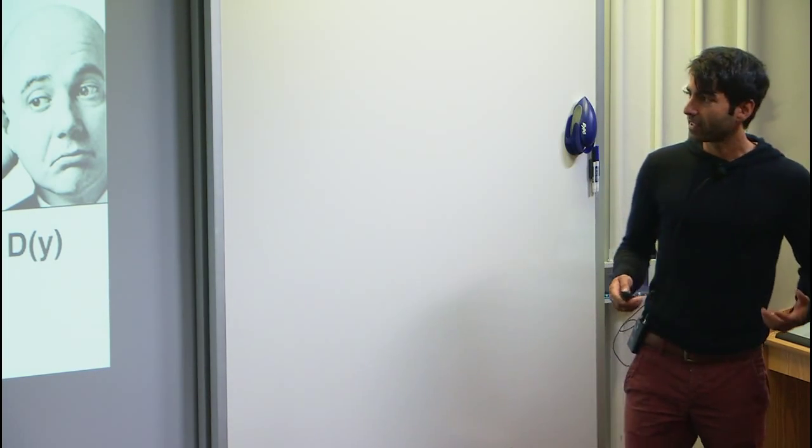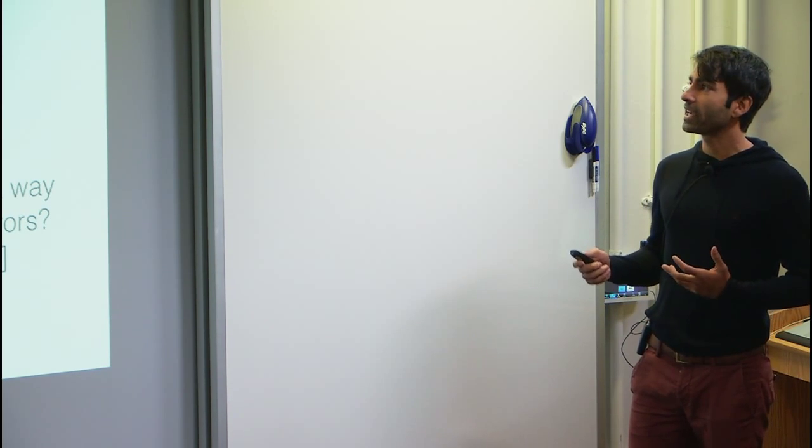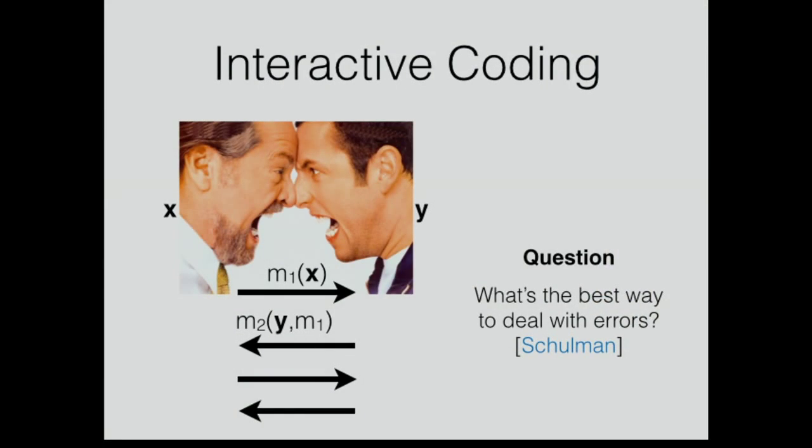The setup that this tutorial is about is when the communication is interactive, when it's not just one way. Okay. So now we have an interactive protocol that's being run between 2 parties. The first party knows an input x, the second party knows some input y, and they have a conversation based on these inputs.